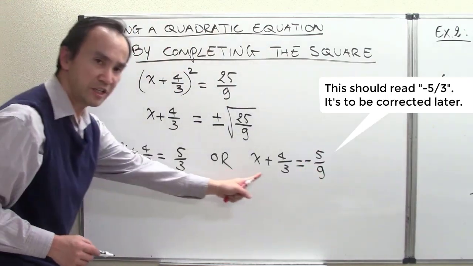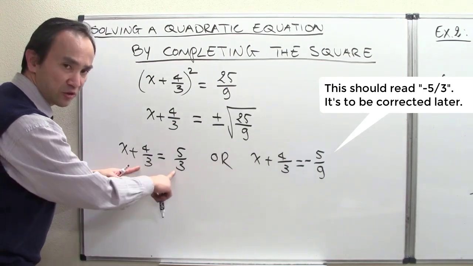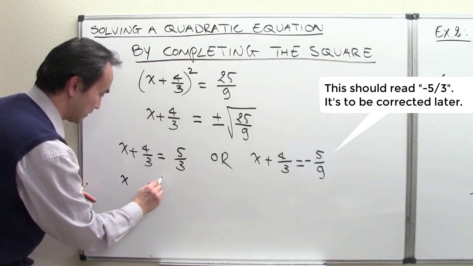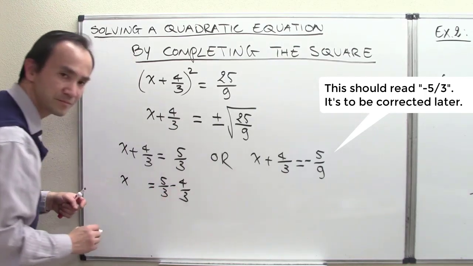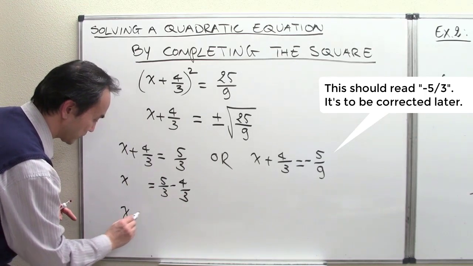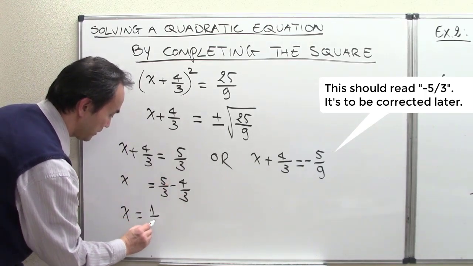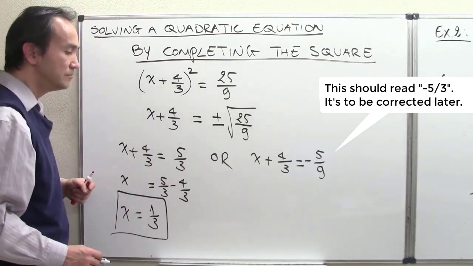And now for each of these equations, I can go ahead and do the usual math. We subtract 4/3 from both sides, making it x equals 5/3 minus 4/3. And this further becomes 1/3. That's one of my solutions.